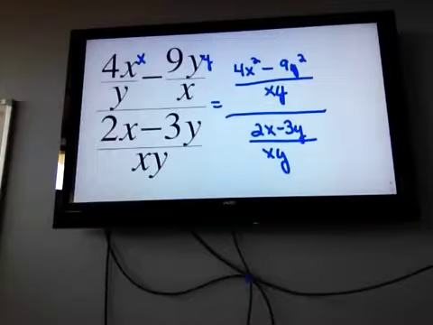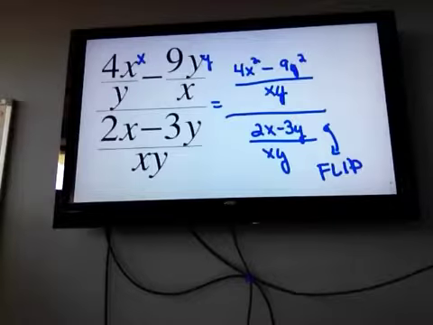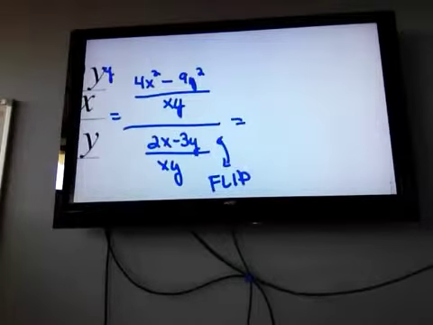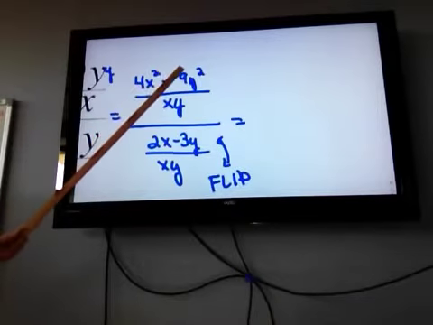Once it's written like this, now it goes like to goal 5-1, where we're going to flip it, one on the bottom, then we're going to do any factoring and canceling that we can as we go. All right, so the first thing up here, 4x squared minus 9y squared.